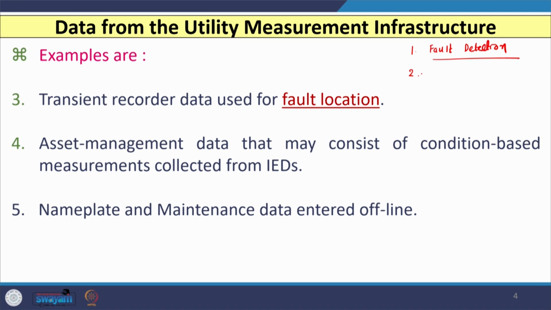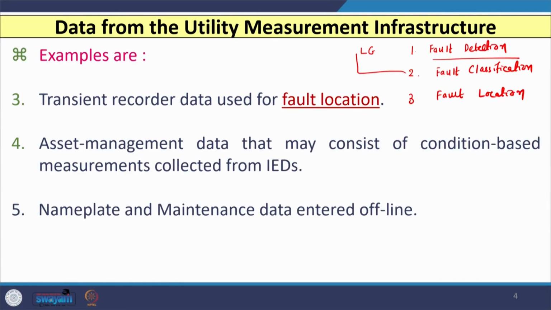The second task is fault classification, and the third task is fault location. In fault classification we are able to classify the different types of faults, whether it is line to ground, double line to ground, or triple line faults.